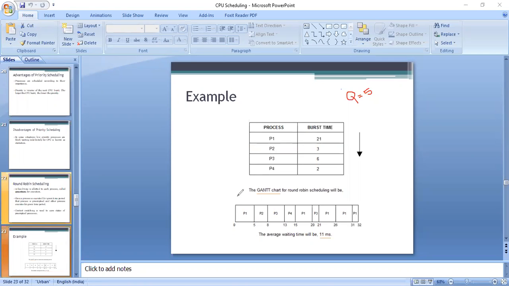So what would be the average waiting time now? What is the waiting time of P1? It's 0 because the first response it got was at 0, right? Plus the next response it got at 15 after the completion of 5 seconds.